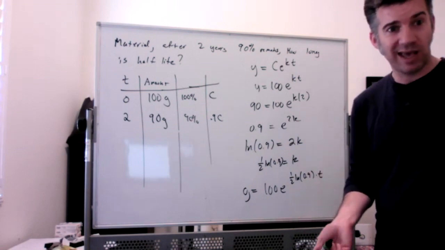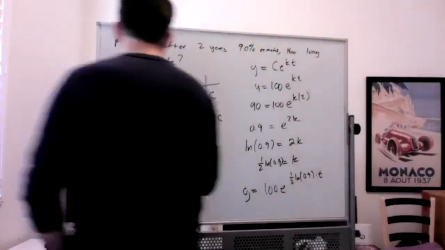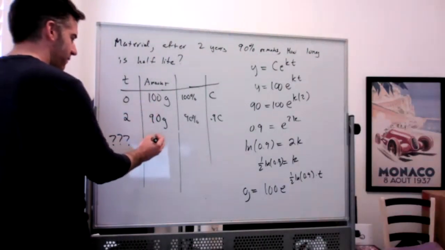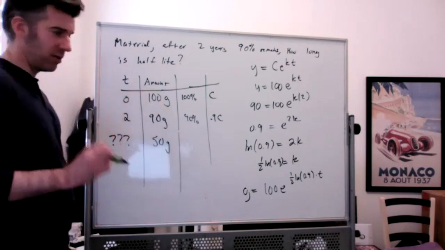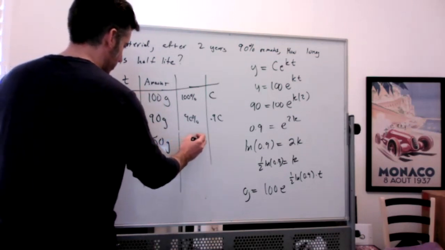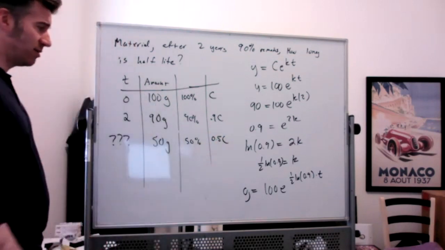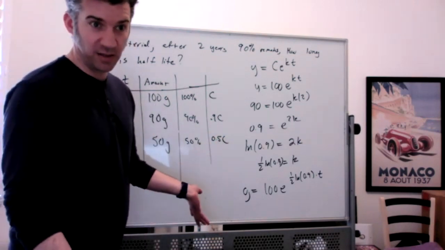But then we're asked, what's the half-life? So how much time until there's half of what we started with? Great, so I'm just going to set y equal to 50 and then solve for t.